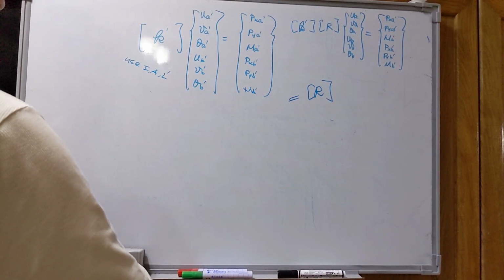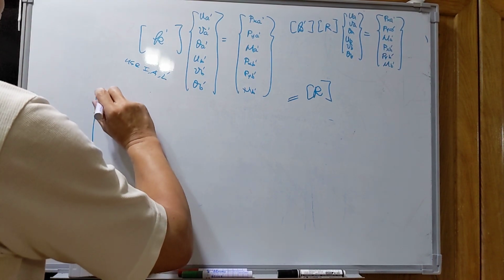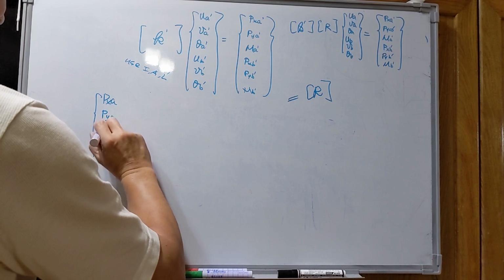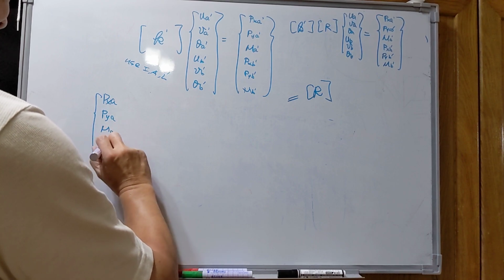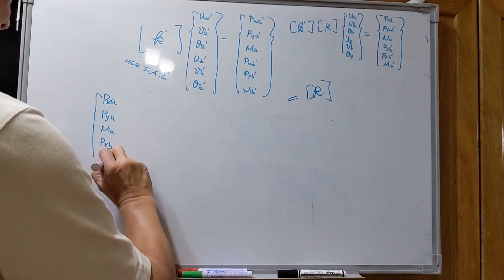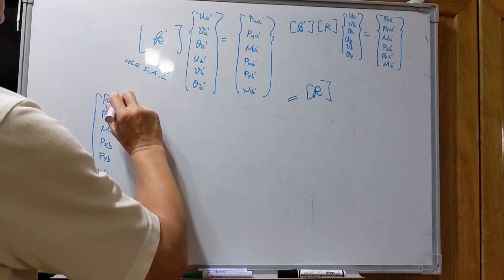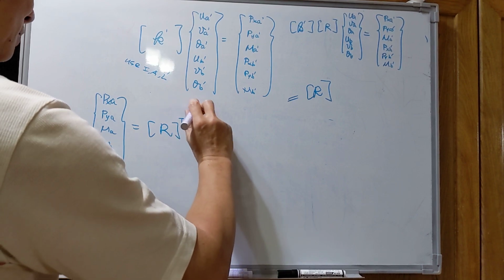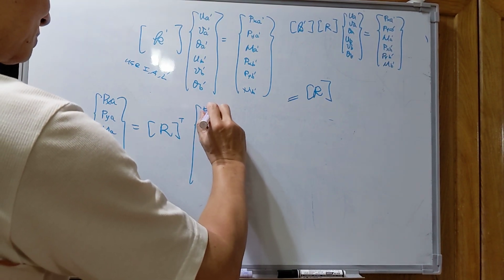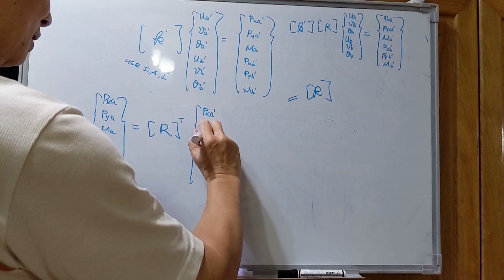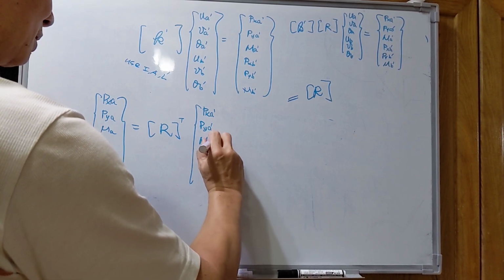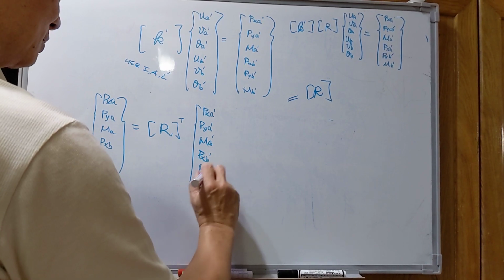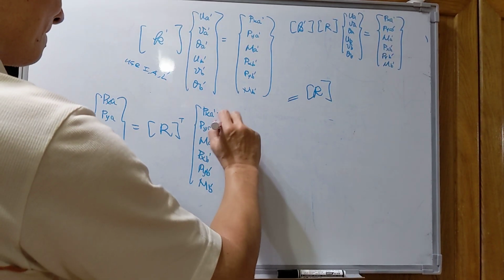And if we try to change the force system to the PXA, PYA, MA, PXB, PYB, and MB, it will be equal to the R transpose times PXA prime, PYA prime, and MA prime, PXB prime, PYB prime, and MB prime.